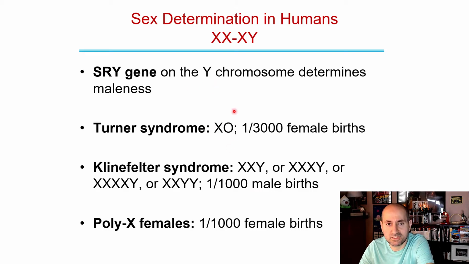The absence of a Y chromosome directs femaleness, and that's why you get the female births. You can also have poly-X females, when you have a bunch of X's, 3, 4, 5 X's. Isn't that interesting? That can happen in 1 in 1,000 female births.